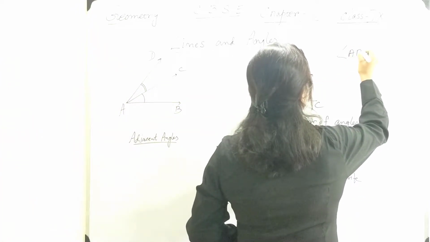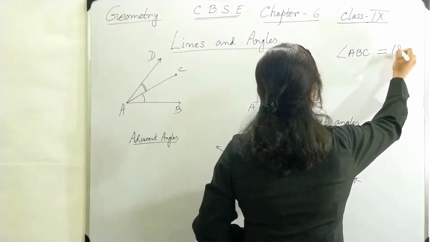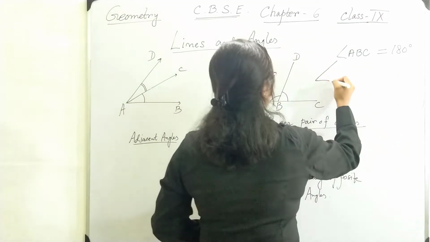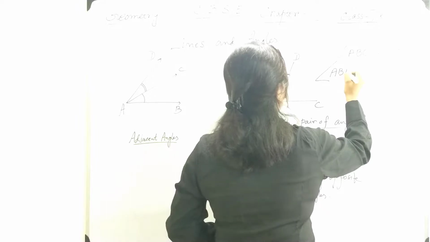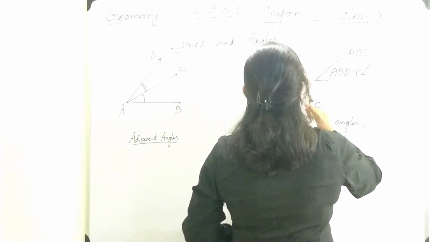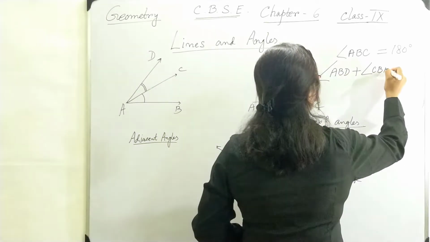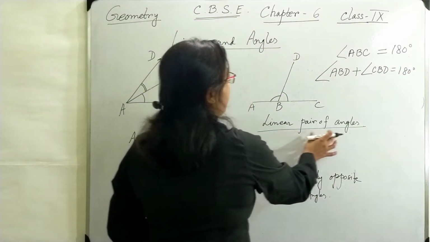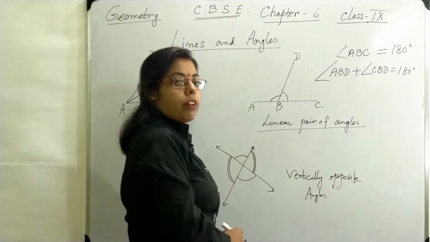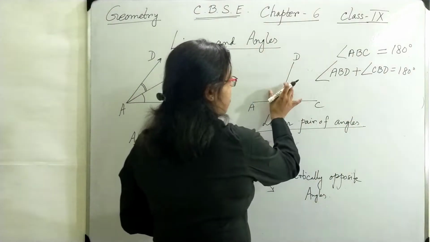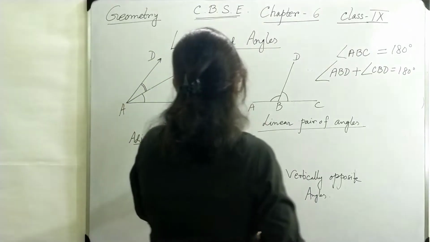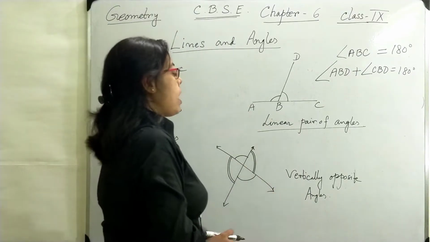Angle ABC equals 180 degree, and ABC equals angle ABD plus angle CBD, right, equals 180 degree. So this is linear pair of angles, and this is the property of linear pair of angles. Their sum must be equal to 180 degree. Clear?